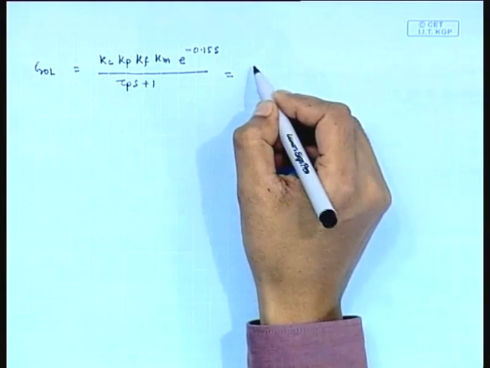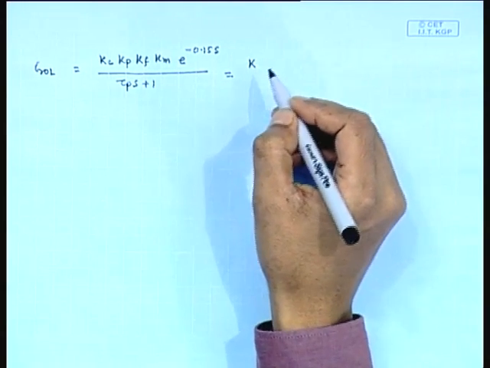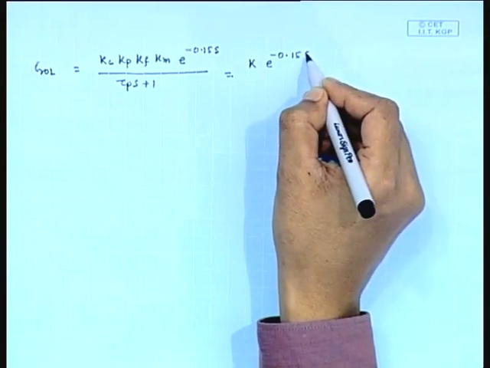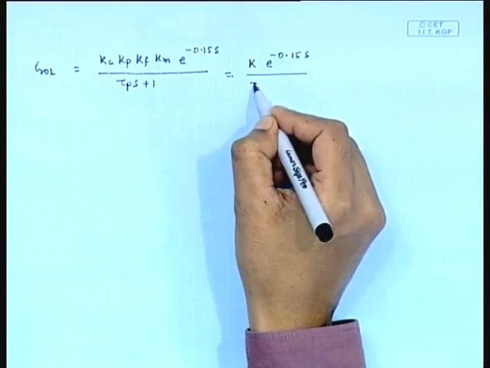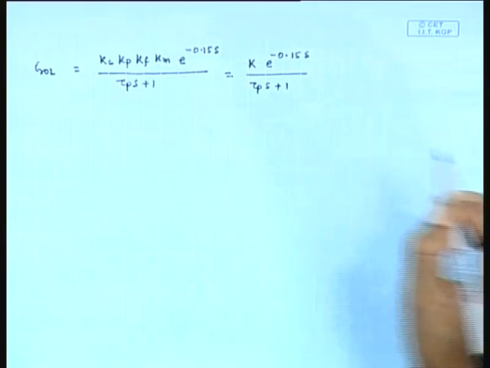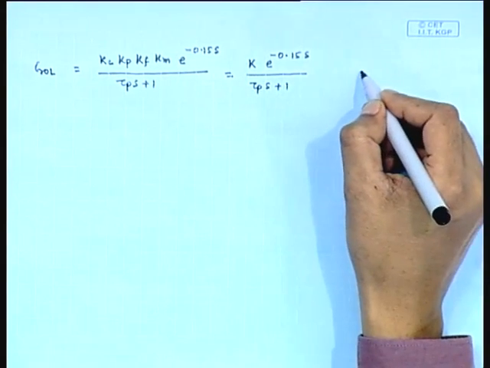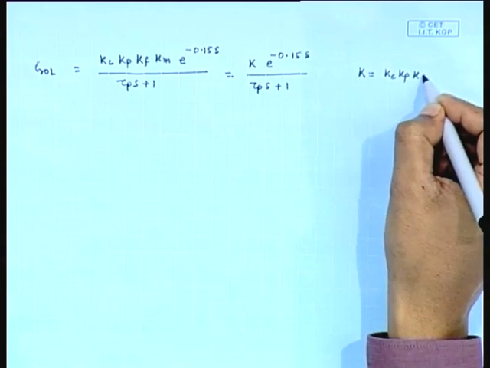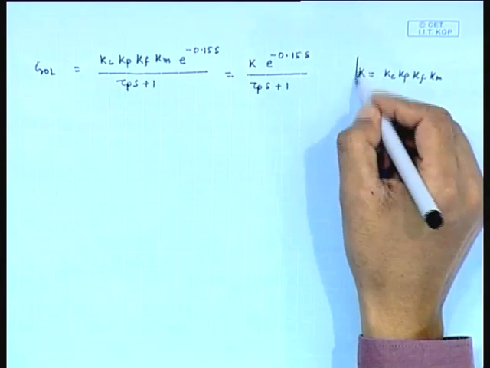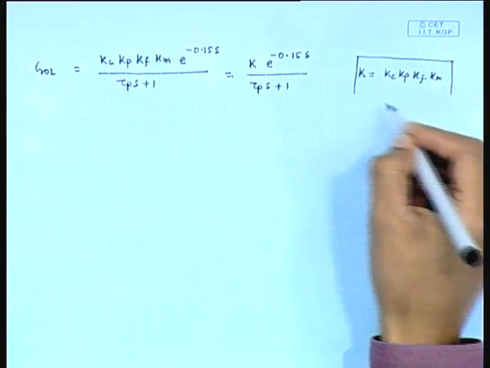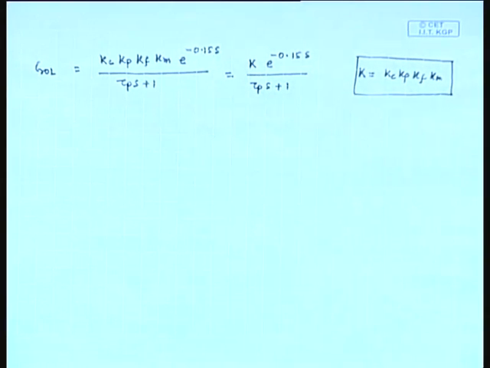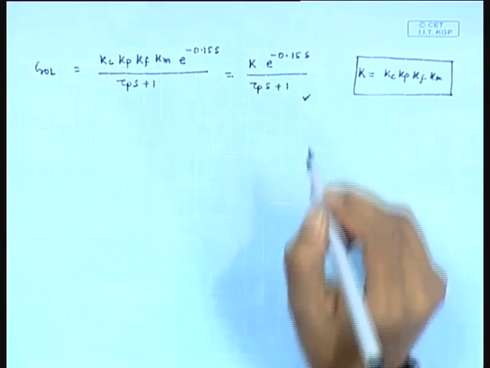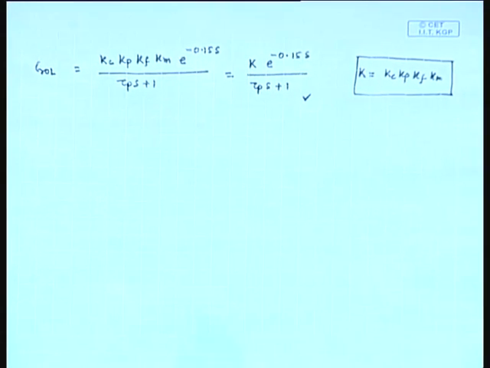We can rewrite this as K exponential of minus 0.15 s divided by tau Ps plus 1, where K is Kc Kp Kf Km.